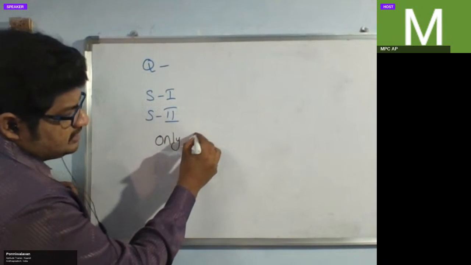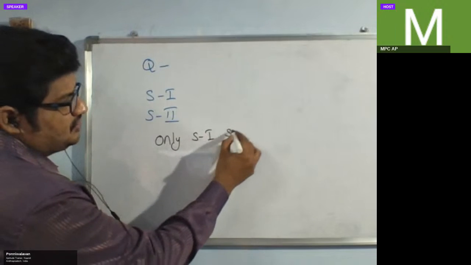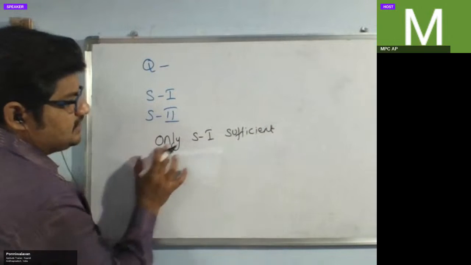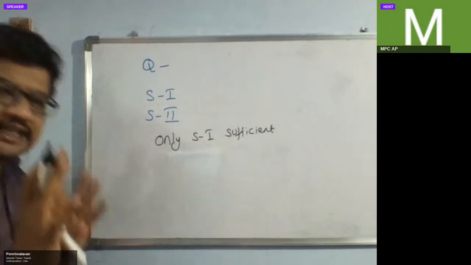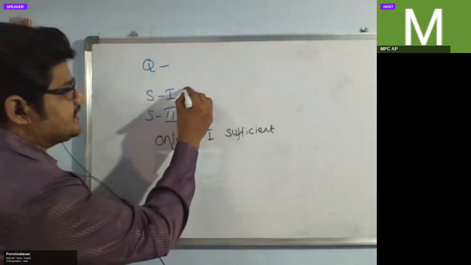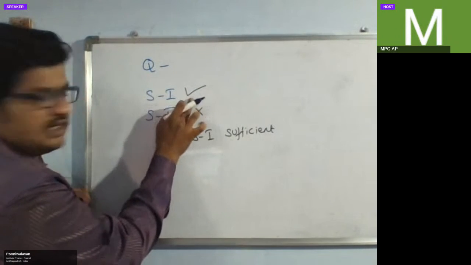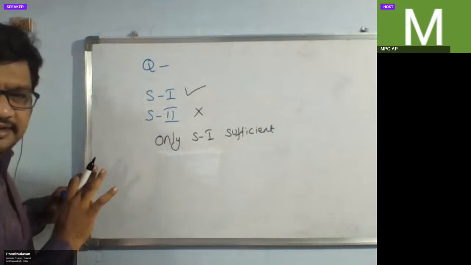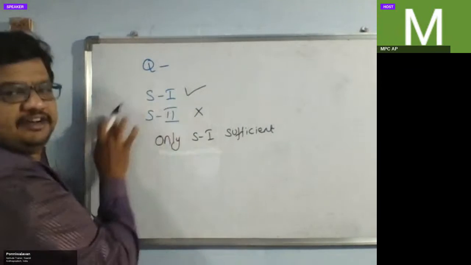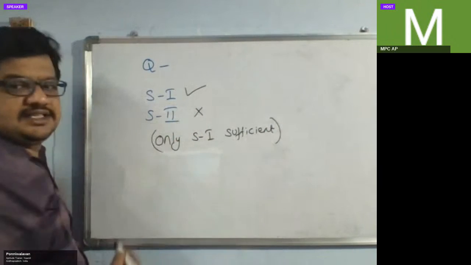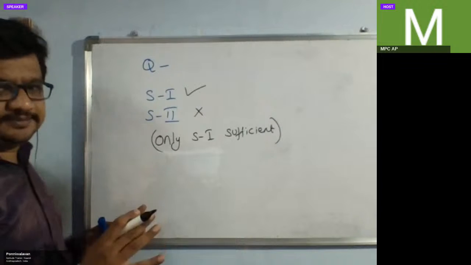Only statement 1 is sufficient: that means only this is useful and the other is not. By using this alone we can find the answer, and statement 2 is not sufficient.